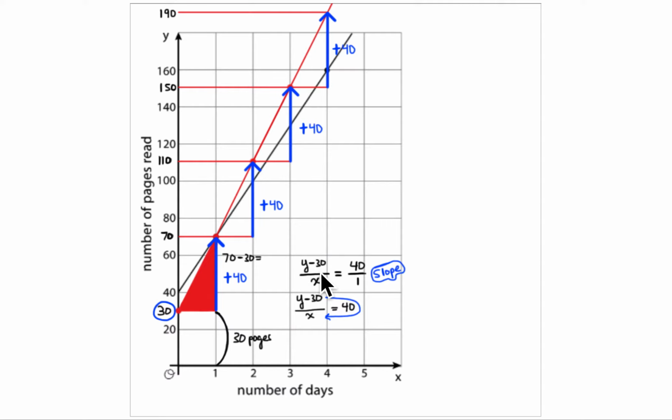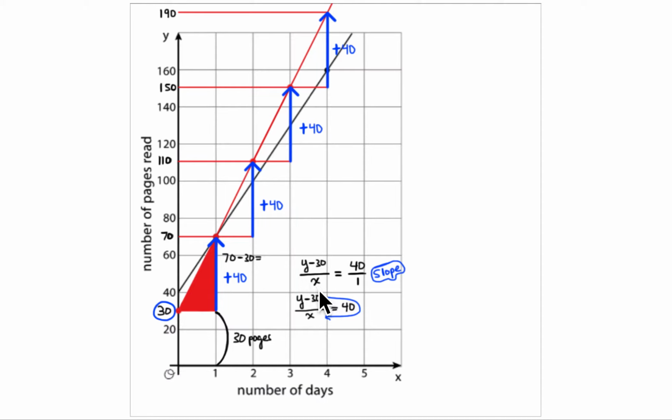So y minus 30, so this y minus this 30 over x. Now, because this is slid all the way over to the y-axis, you don't have to subtract anything from the x, because it's going to be x minus 0. This is 0 right here for the x value.